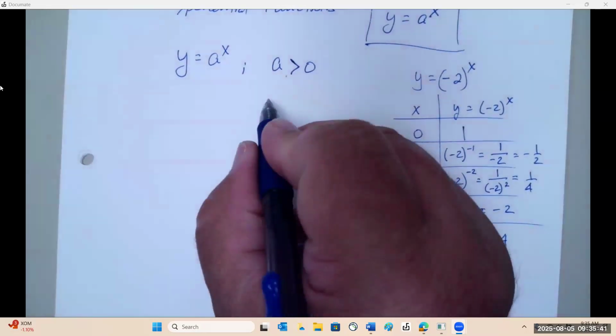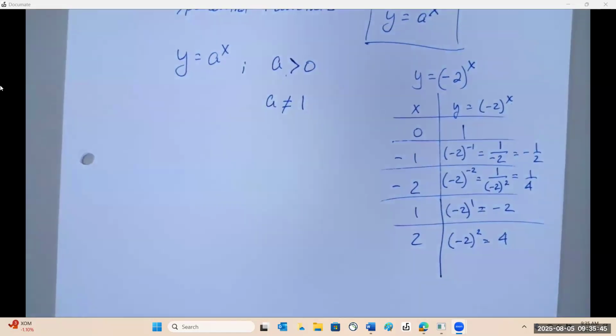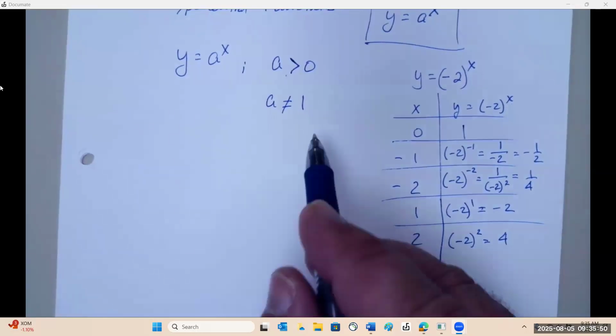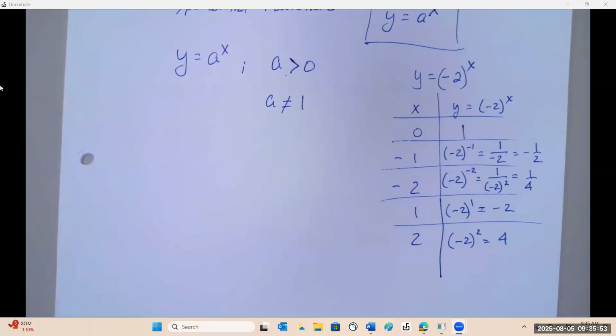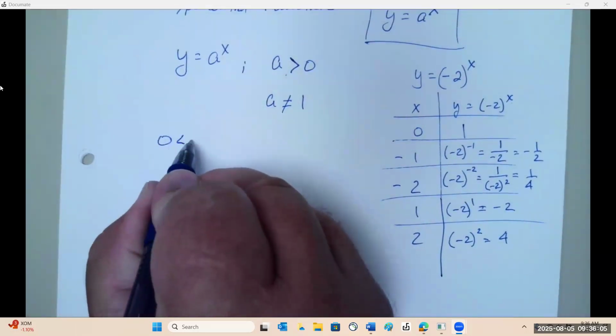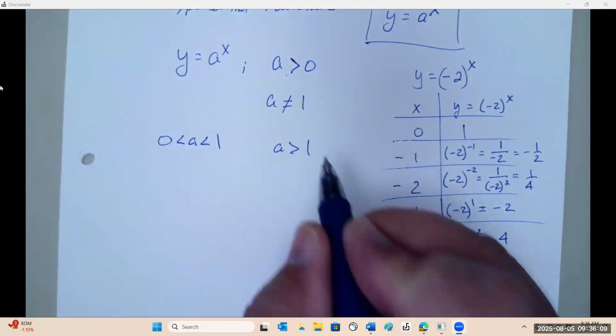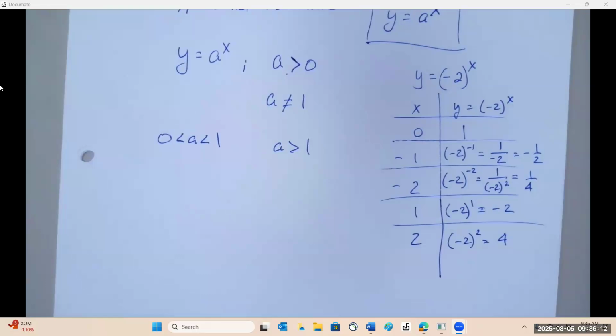Another thing, A has to be not equal to 1. Why is that? If the base is 1, what's the graph going to look like? A horizontal line through 1. Y is always going to equal 1. So that's boring. So now what we're going to look at is the base being between 0 and 1 and the base being greater than 1. Those two conditions now will tell us what the graphs look like.